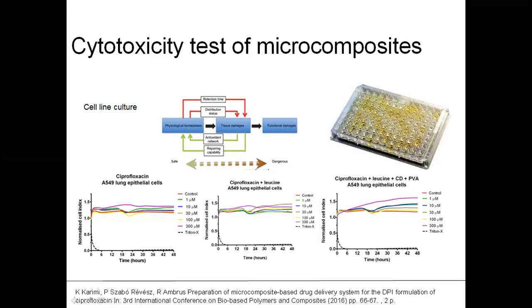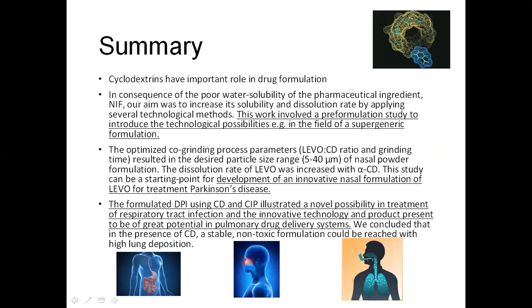Pictures illustrate the kinetics of lung epithelial cell reaction treated with ciprofloxacin at 1, 10, 30, 100, and 300 micromole alone, or its formulations prepared with leucine, cyclodextrin, polyvinyl alcohol for 48 hours. We conclude that the applied concentrations are not toxic in DPI formulations.